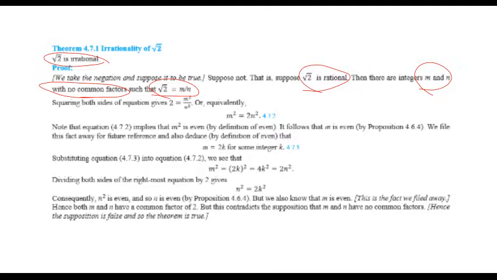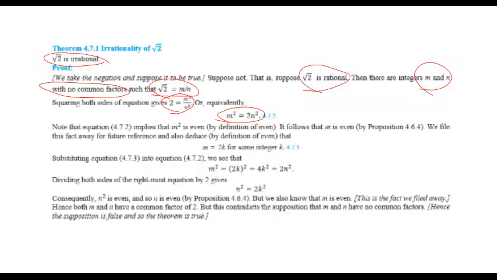That's an assumption that doesn't lose the generality of the problem that I'm solving. As you see, since square root of 2 is m over n, by squaring both sides of this equation, we will obtain 2 is equal to m squared divided by n squared, or equivalently, m squared is equal to 2n squared.